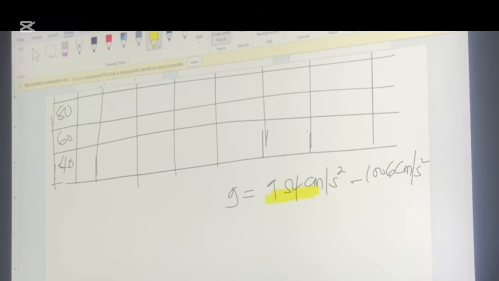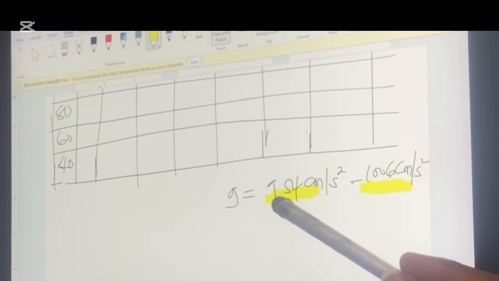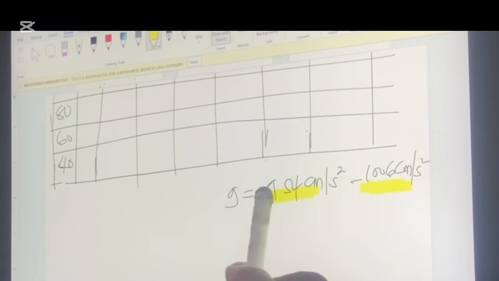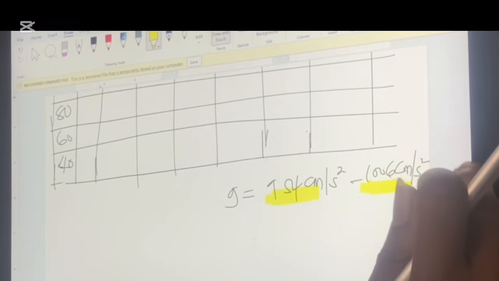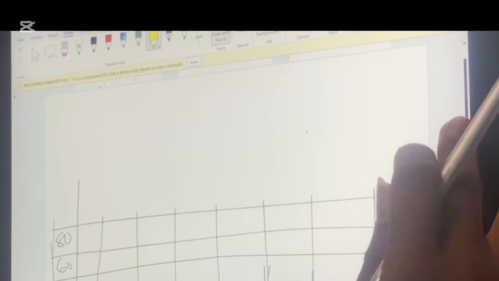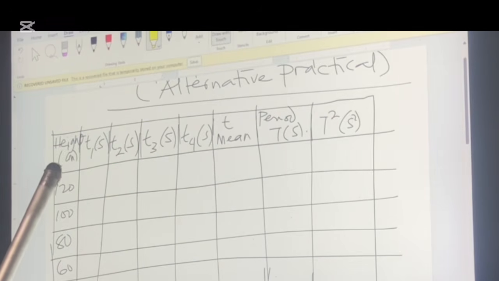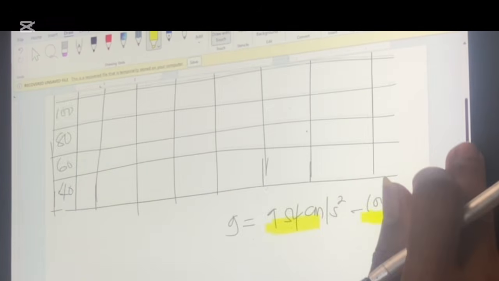So 1006 becomes 10.06, which is approximately 10 meter per second square, and 954 becomes 9.54 meter per second square. But we are using cm because of the unit in this table. The unit of length or height is in cm. We are working according to the table.